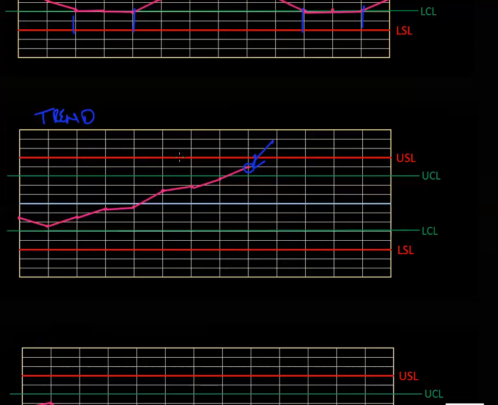If this is an X bar chart, or this could be a range chart as well. If your range of each subgroup is going up and up and up, it could be some vibration in the system, a belt is loose, something is causing a greater amount of variation, some sort of vibration or wobble in the system. With an X bar chart, where you're measuring the average of the subgroups and it's trending up, I usually look for tool wear.